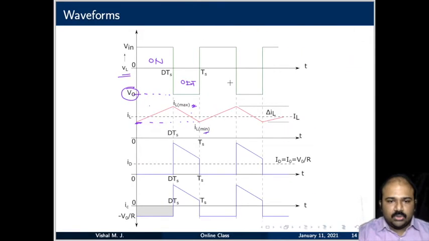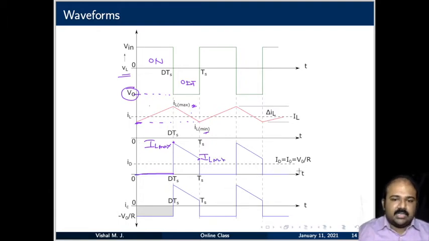That is what is being shown here. When the switch is on, in the first portion 0 to dTs, the diode current is 0. When the switch is off, the diode current is the same as the inductor current. So, this is IL max and this is IL minimum. The same curve is shown here.